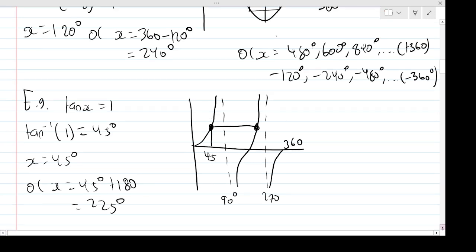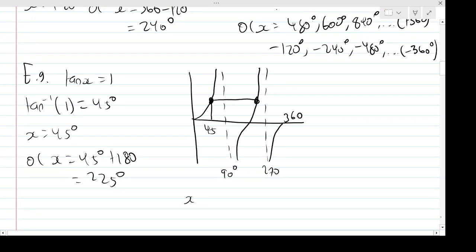So if we had x is 45, then the other solutions would be, if we add 180, 225. Then if we add another 180, we'd get 405. If we added another 180 on, I get 585, and so on.